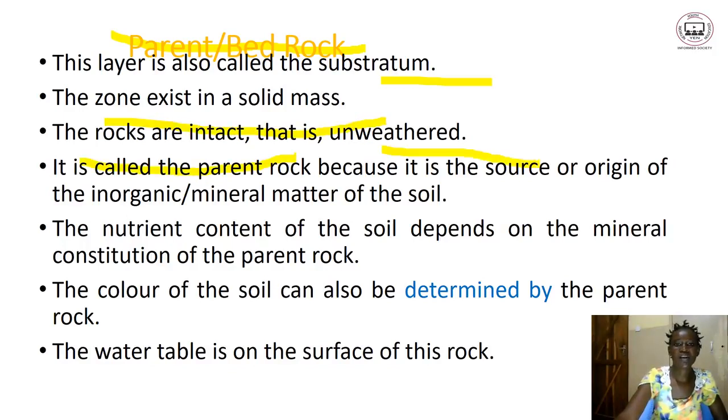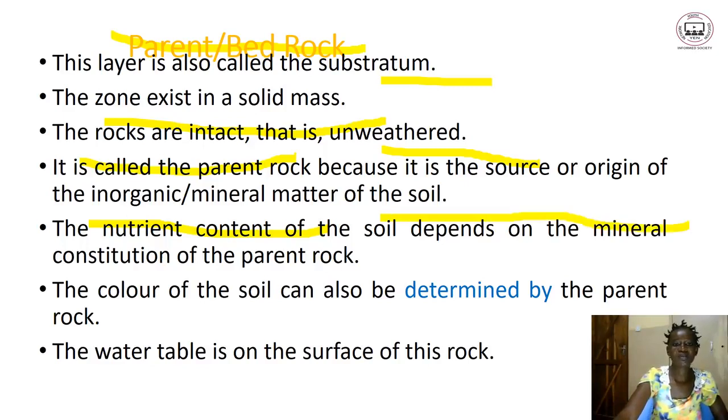It is called the parent rock just because it's the source or origin of the inorganic or mineral matter of the soil. As I mentioned earlier on, in agriculture we believe that the soil came from rocks. So the rock we are talking about here is the same bedrock or parent rock. Once the parent rock undergoes a weathering process, the rock will disintegrate into fractions, making the soil.